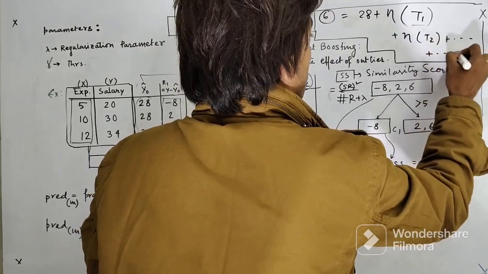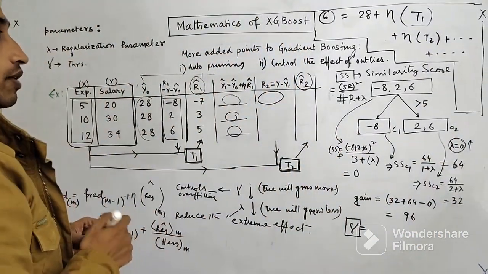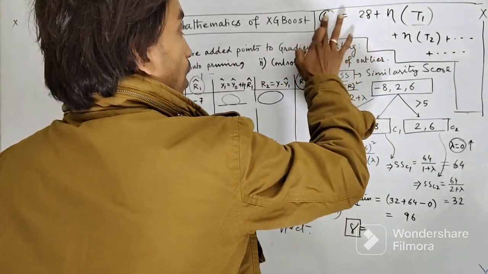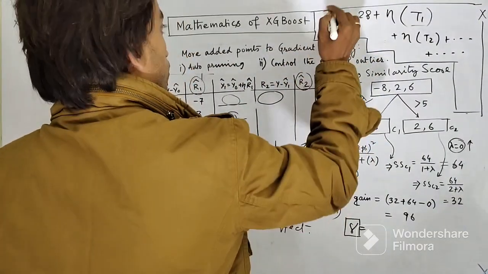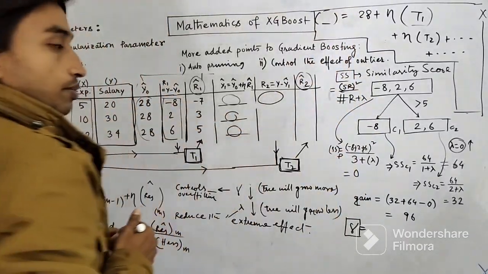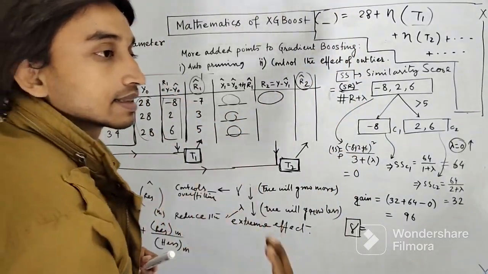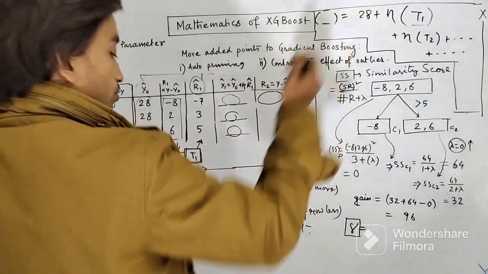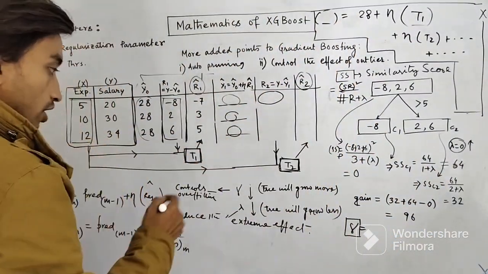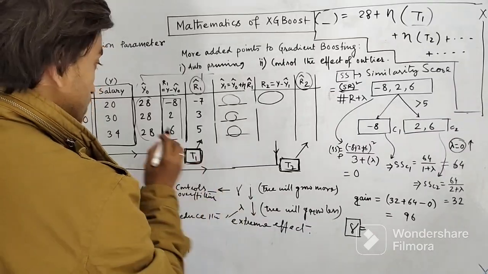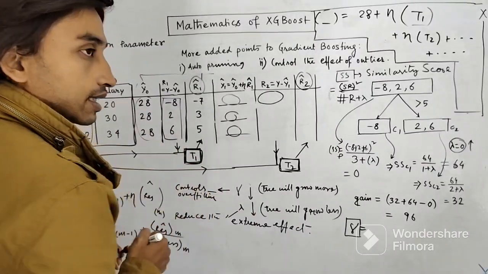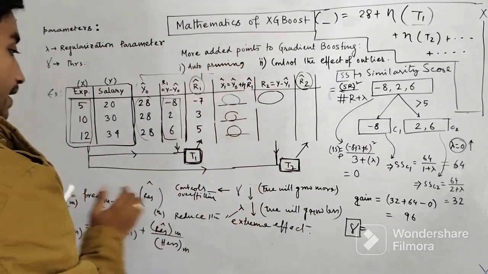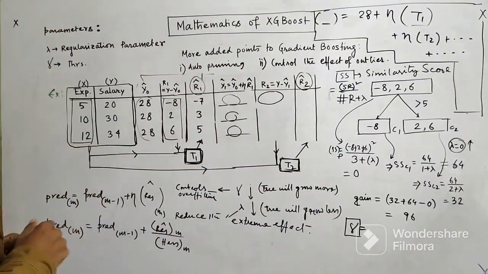You add them all on and you get the salary. So if you take a new input, you get the output using this model. You have n trees and one base model, and you predict for the new features. This is the whole idea of gradient boosting.